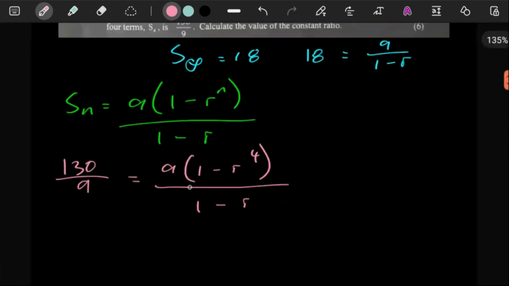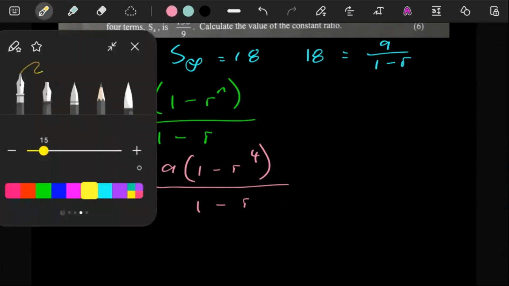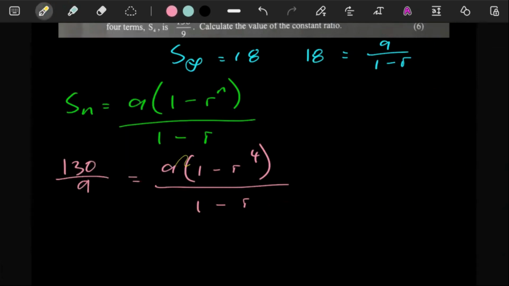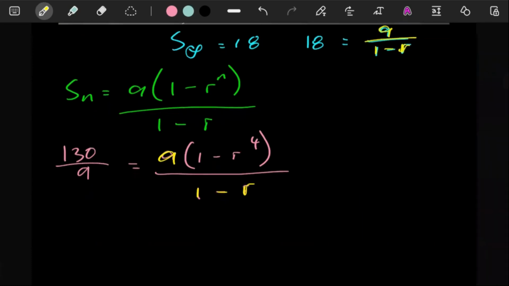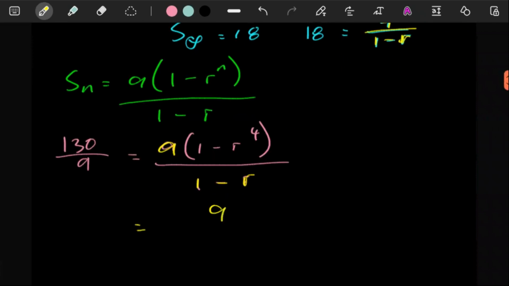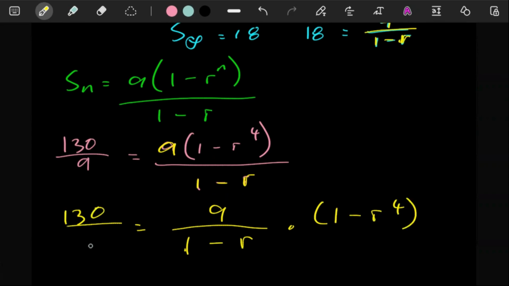So you have to work these out simultaneously. The one thing to note is that you see a over 1 minus r here, and that's something you also have here. So you want to be a bit creative in this situation. Here you have a over 1 minus r multiplied by 1 minus r to the power 4, which is equal to 130 over 9.